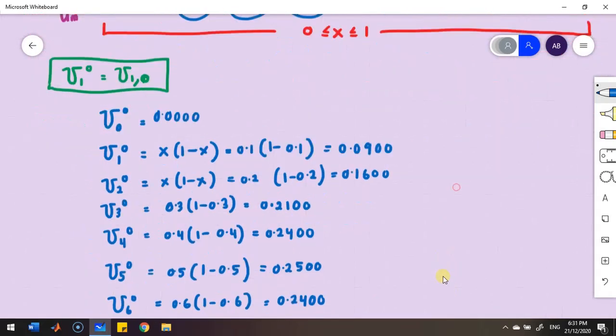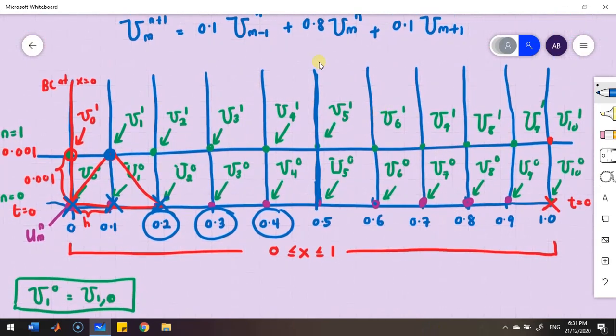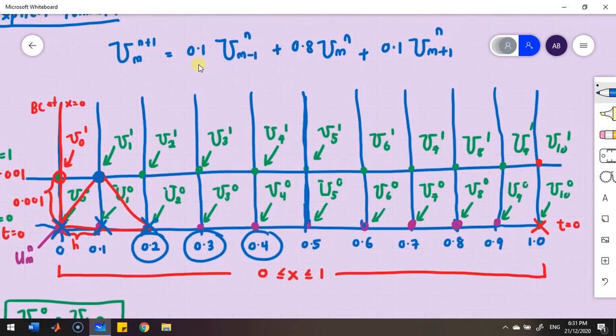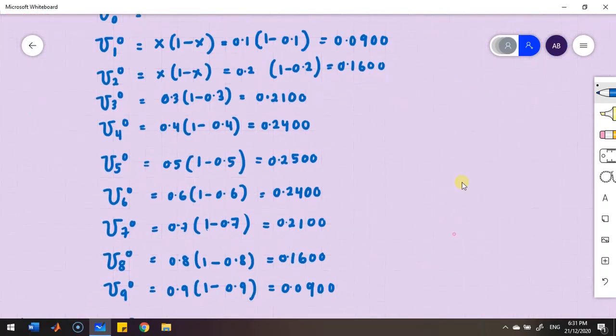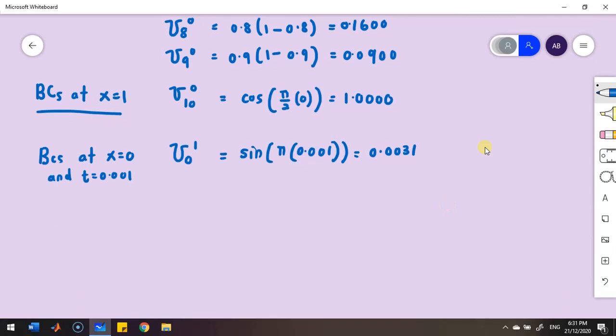This is the explicit formula that I want to use: 0.1 times u00 plus 0.8 times u10 plus 0.1 times u20. So u11 equals 0.1 u00 plus 0.8 u10 plus 0.1 u20.